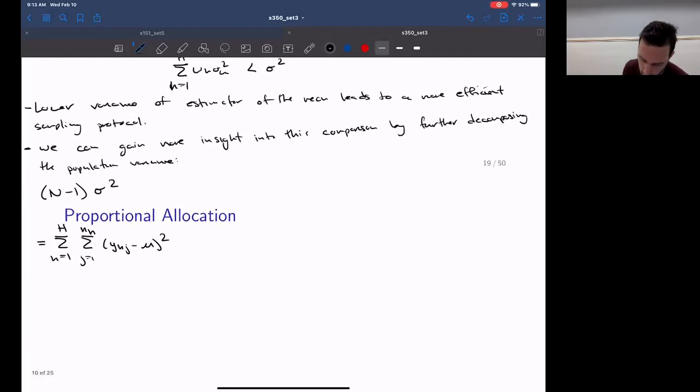Okay. We can write this as the sum from h equals 1 to capital H of the sum j equals 1 to little nh of yhj minus mu h plus mu h minus mu squared. So you can see here I'm just adding and subtracting 0.